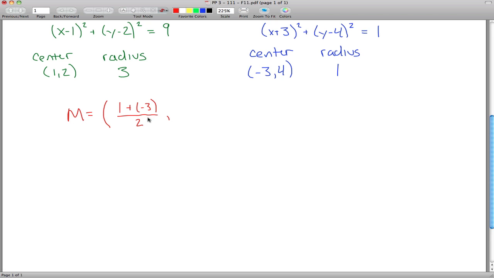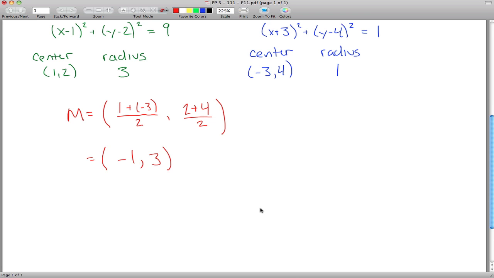And then the y coordinate of the midpoint is the average of the y's, so 2 plus 4 over 2. So 1 plus negative 3 is negative 2, divided by 2 is negative 1. 2 plus 4 is 6, divided by 2 is 3. So our midpoint here is (-1, 3).